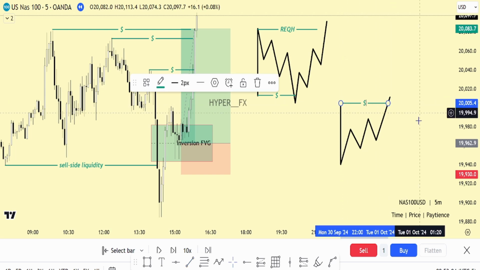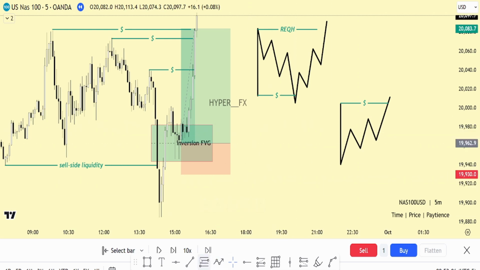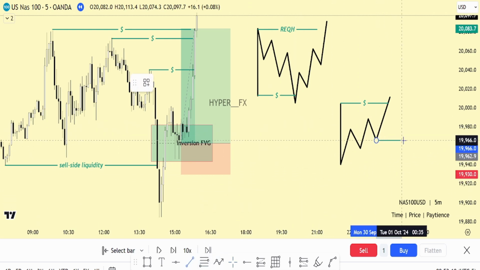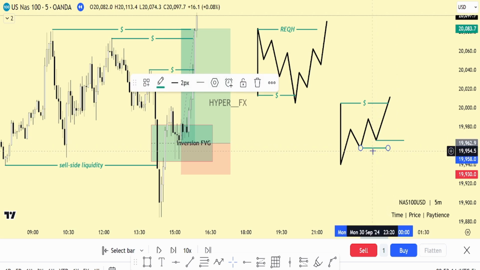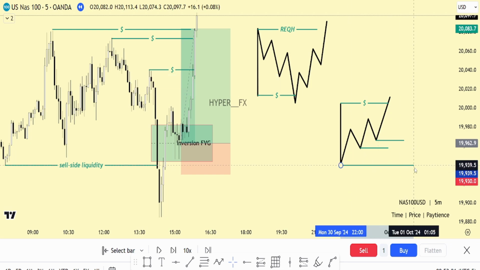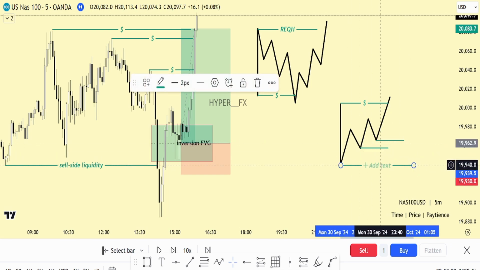This high has been taken, which leaves this low hanging, and this low hanging, and this low hanging. So you can see we have three relative equal lows here.